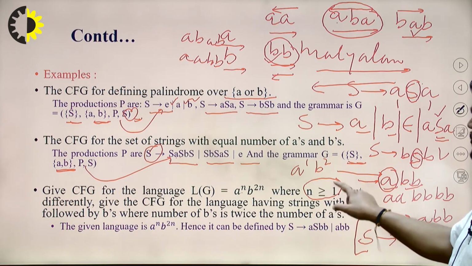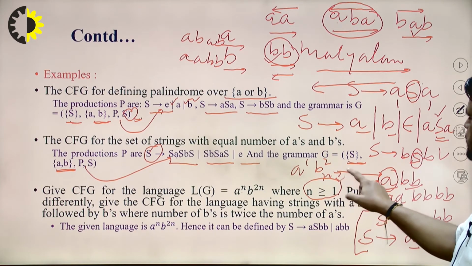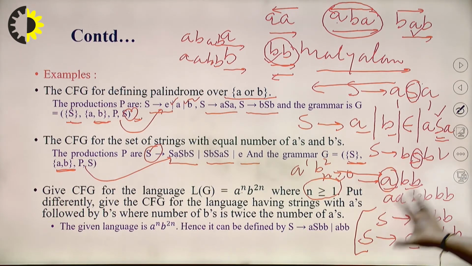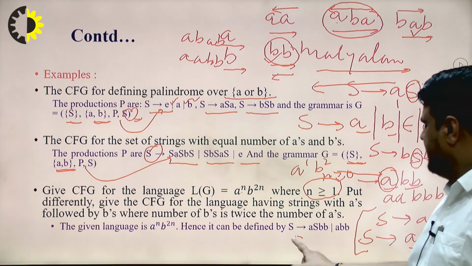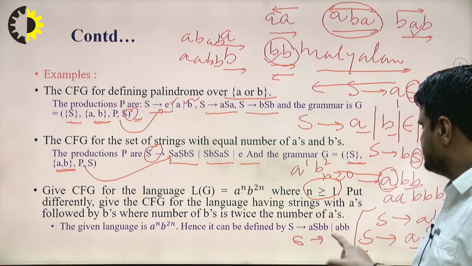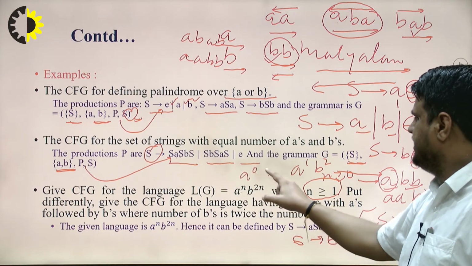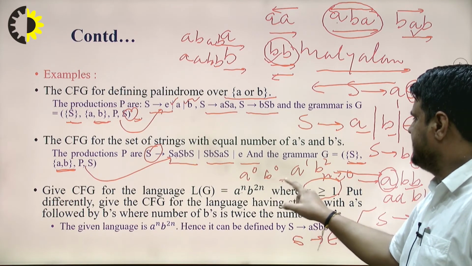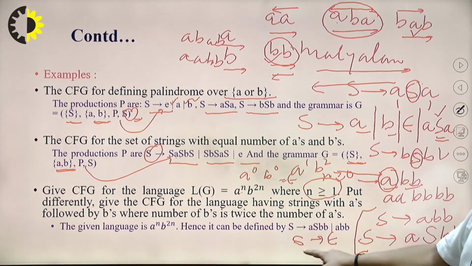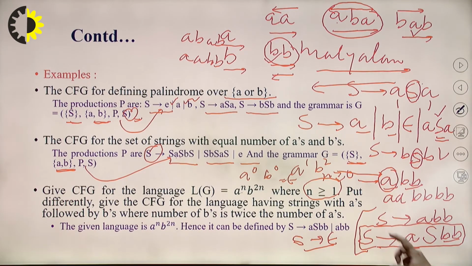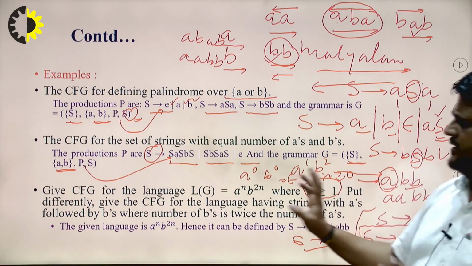If we impose here n is greater than or equal to 0, what happens inside this particular numerical? The minimum string now will be S tends to epsilon. You can write A to the power 0 and B to the power 0. So it is epsilon. So the minimum string is epsilon. After that you have to write down this production. So there is a possibility of two numericals from here.